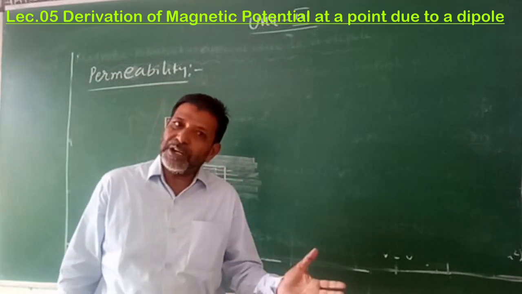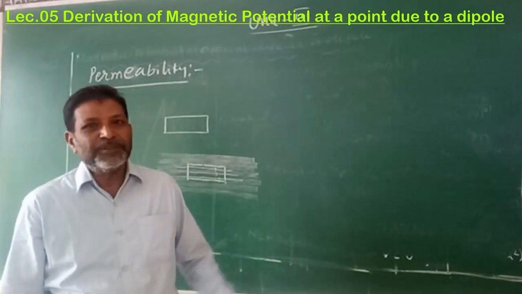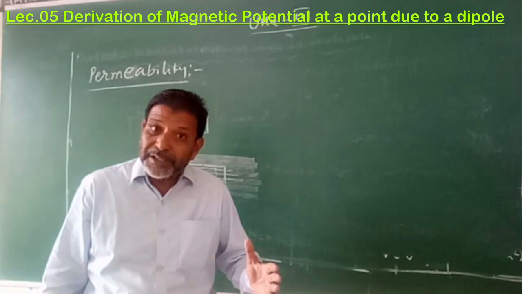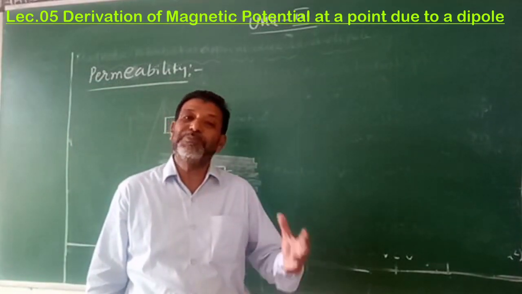Some materials have more ability, then we say that permeability is more. If the material has less ability to allow the magnetic lines of force, then we say that its permeability is less.